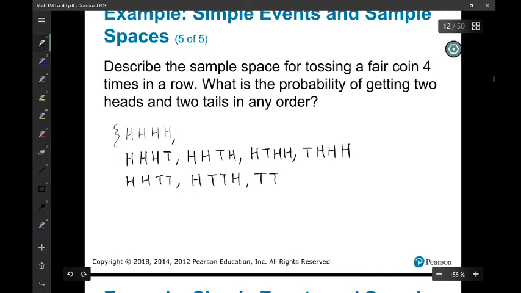So T, T, H, H. And we could think of just moving this T over. So H, T, H, T. And then move this one over. T, H, H, T.